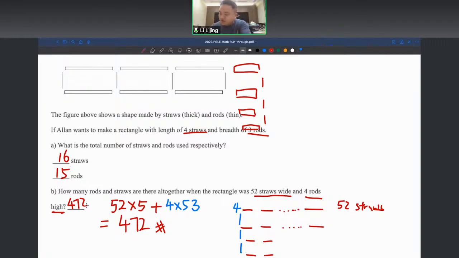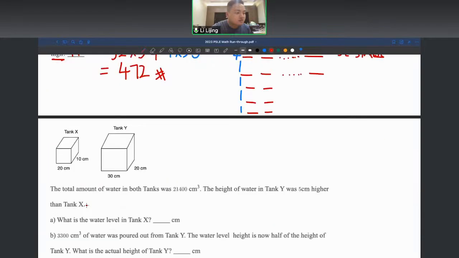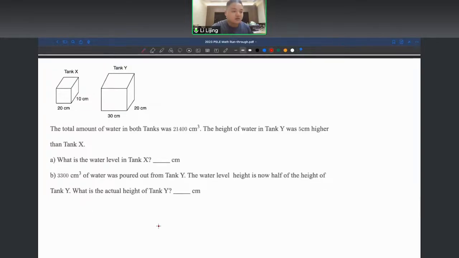Okay, let's move on to the volume question. How did you find this volume question? How many of you find this question easy?